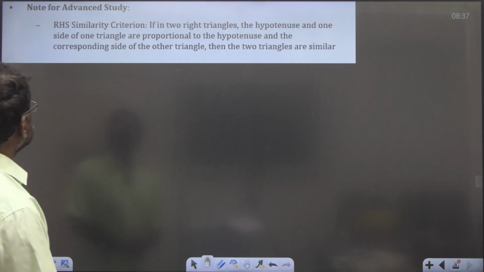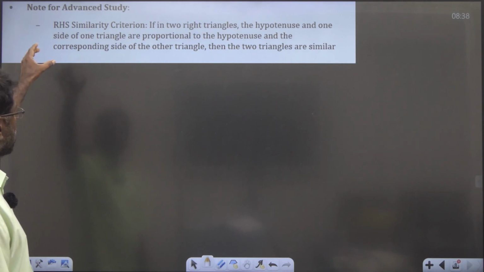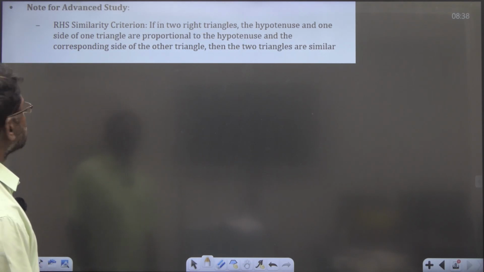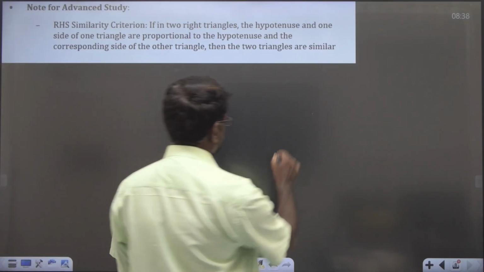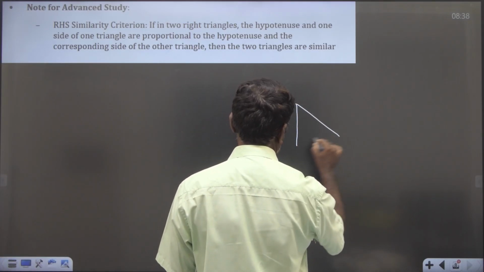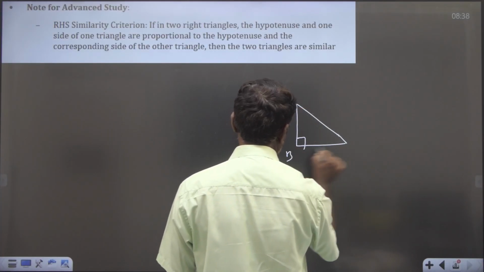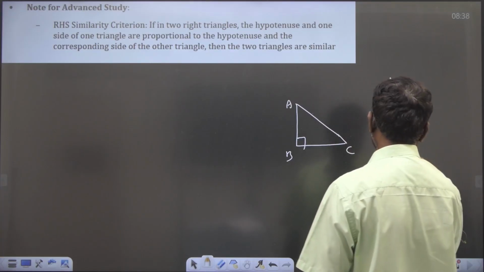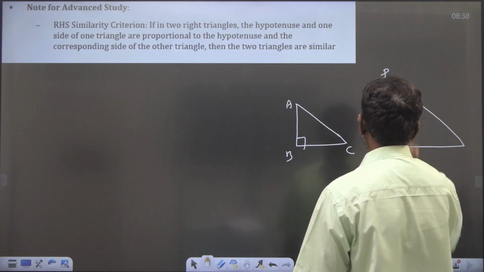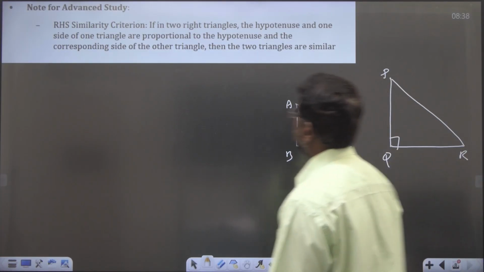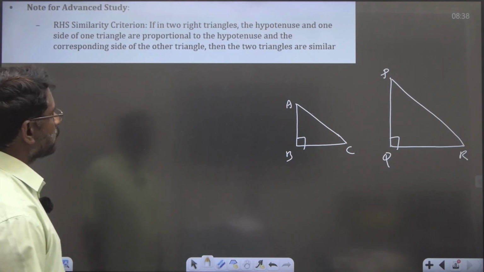Then one more criterion, the RHS similarity criterion. This is only for right triangles. Look here, these are two right triangles, ABC and PQR. The hypotenuse and one side of one triangle are proportional.